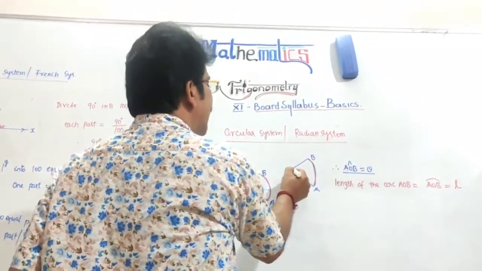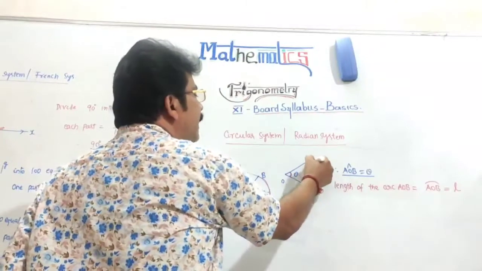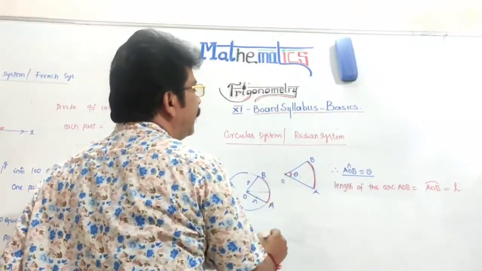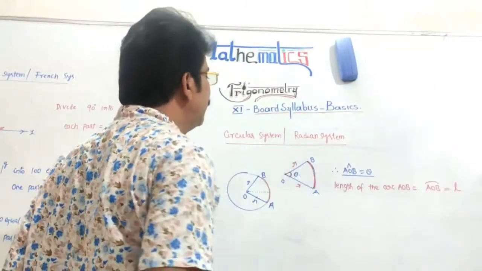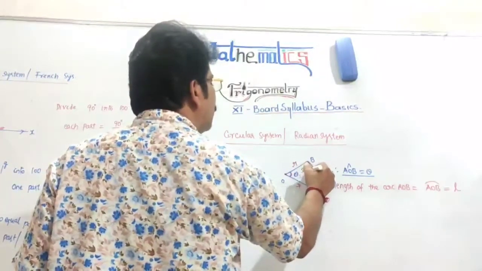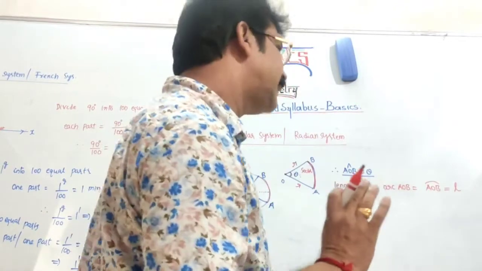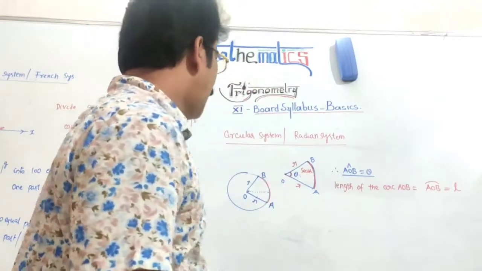So, this is the angle theta made by the arc at the center of the circle. Of course, OB is a radius, OA is a radius. This is called a sector. Sector means one part in a circle, right? L stands for length of the arc.